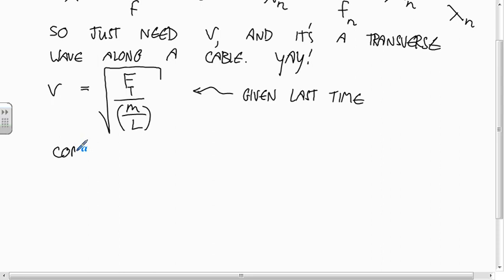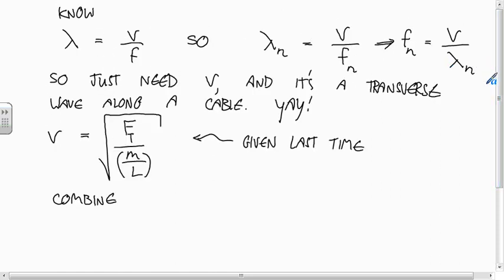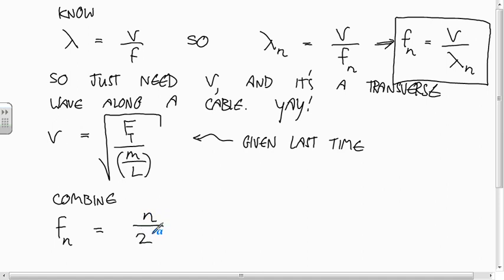Now we can combine these two. Combining this expression for the wave speed with the expression we just had for the nth wavelength, you get that the nth frequency is equal to the wave speed times 1 over the nth wavelength.